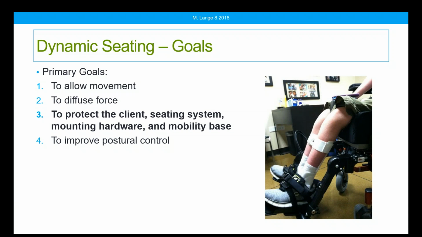And I have had reported to me by a number of colleagues that they've worked with clients who have used dynamic seating and seen an improvement in their postural control, in their trunk and head control in particular. Of course, that's going to be dependent on the potential of that client to make those gains. Again, today we're focusing on the goal of protecting the client and the equipment.